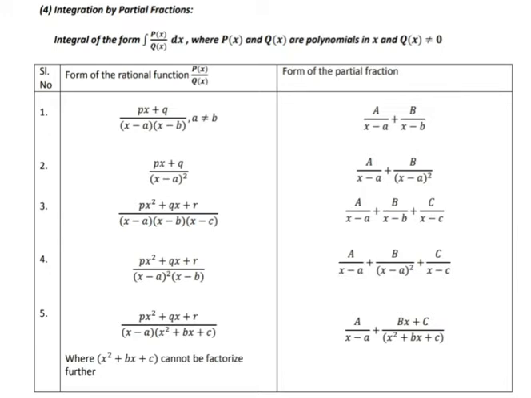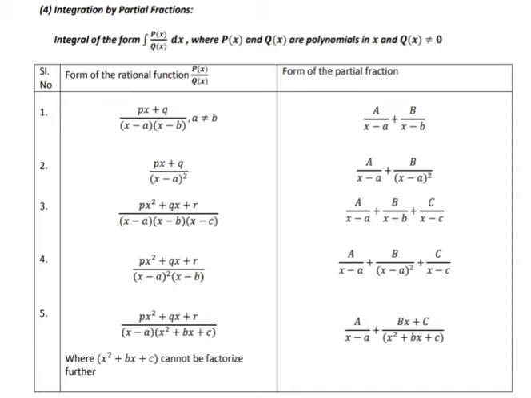So here we are given an integrand which is a rational function of the form p of x upon q of x. So what we do in problems like these, we split the given rational function into partial fractions, into 2 or 3 or 4 or more partial fractions.